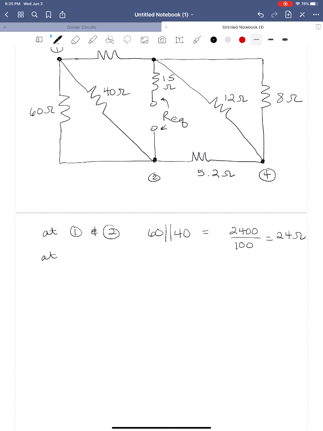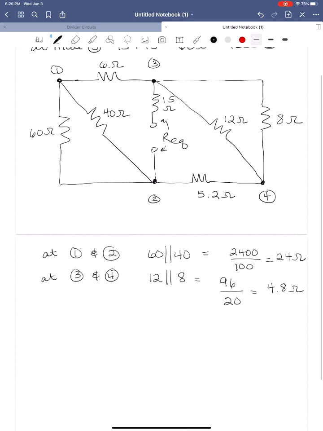And when we look at 3 and 4, we've got 12 in parallel with 8, so that is 96 over 20, and that's going to be 4.8 ohms when we do the math. Okay, so now we will simplify again.